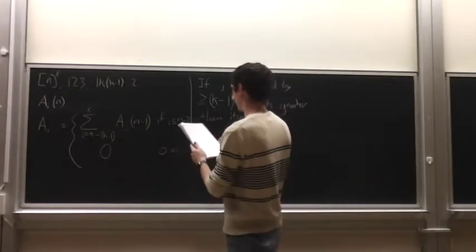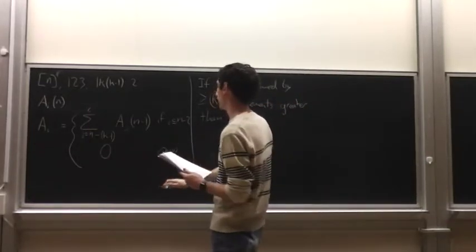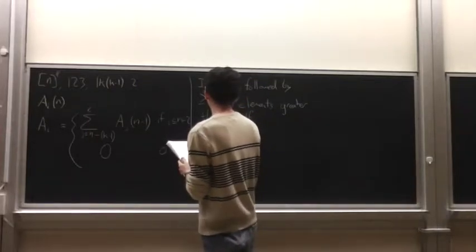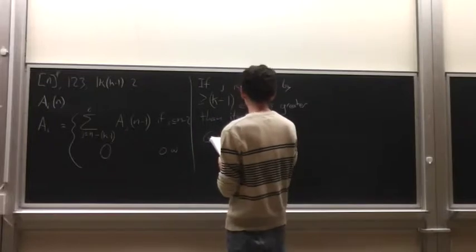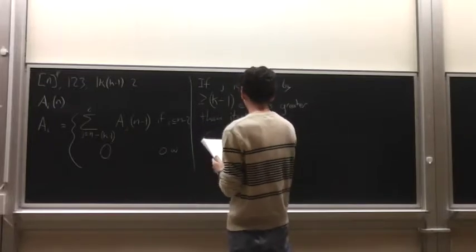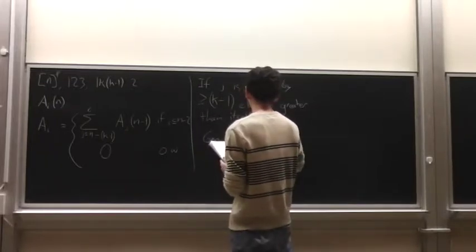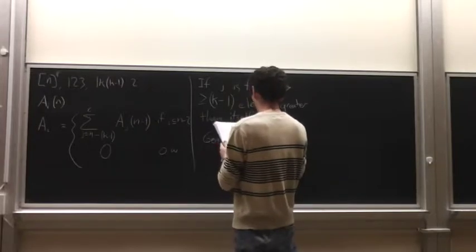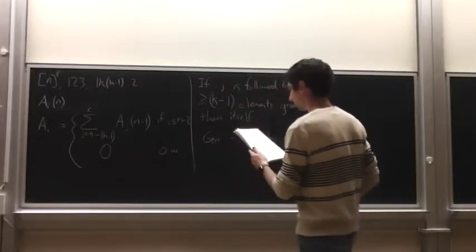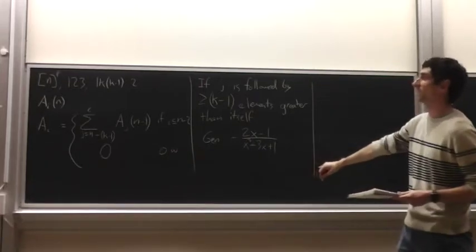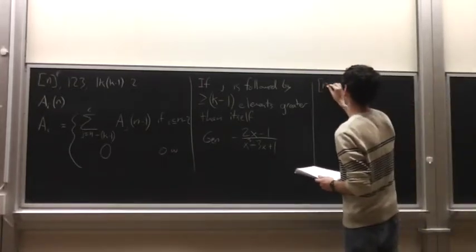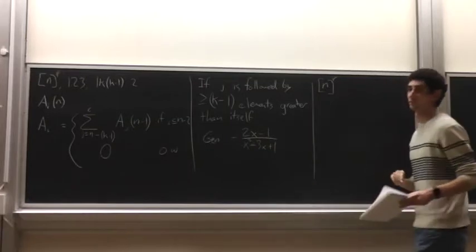So this also has a generating function, and this time the generating function is rational, and it is negative 2x minus 1 over x squared minus 3x plus 1. Okay. And now my notes say to go to n to the r.